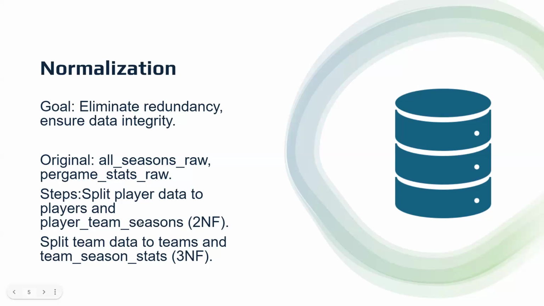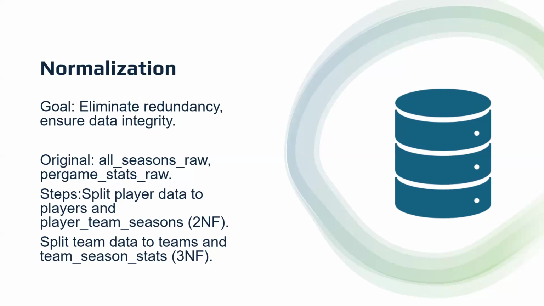First of all, any database like this is already in first normal form because every column holds a single atomic value and every row is unique. So in this case, our tables are already in first normal form.